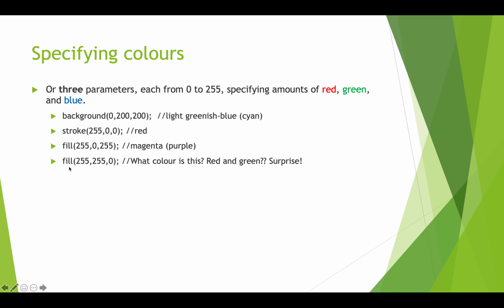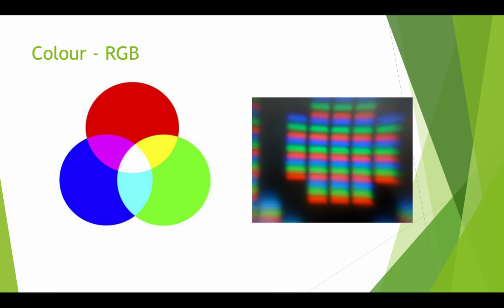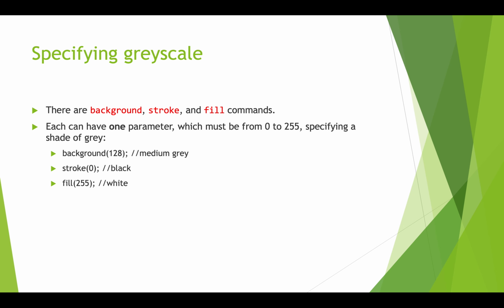So this one, this fill command says, let's have lots of red and lots of green and no blue. So what happens when you mix red and green? If you do this with paints, you'll get some muddy color. But on computers, red and green actually make yellow. So this is where the RGB color on computers is a little bit different than what you may be used to from primary school and paints.